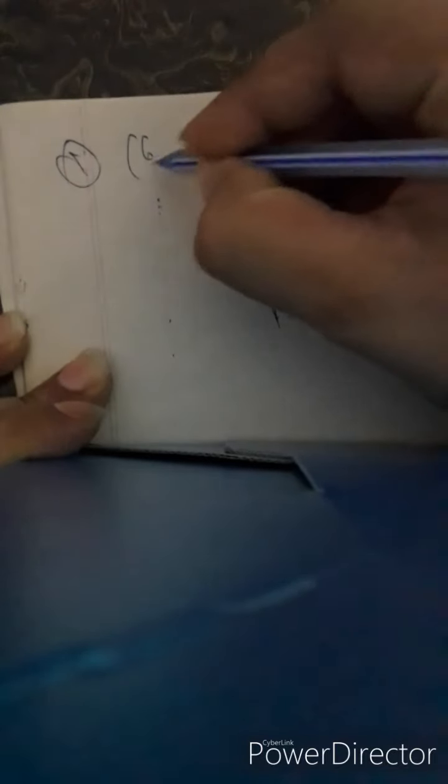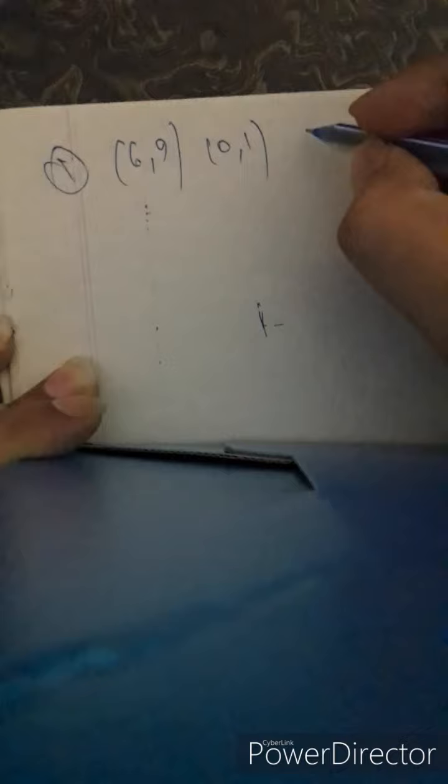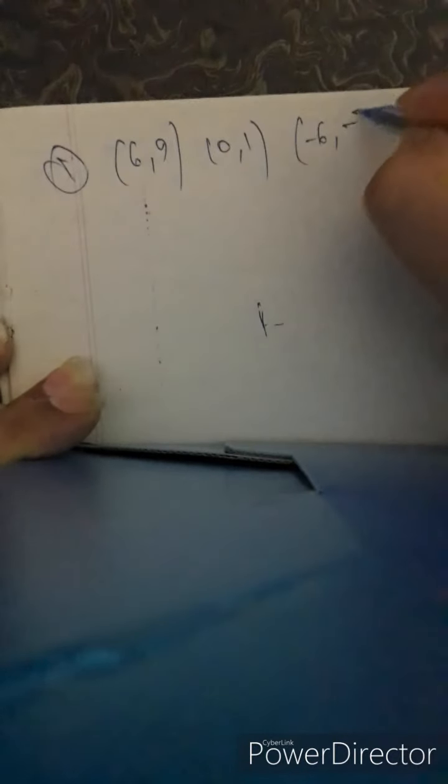Alright, problems regarding this distance formula are very simple. Taking the first problem: (6, 9) is one point, (0, 1) is another point, and (minus 6, minus 7).